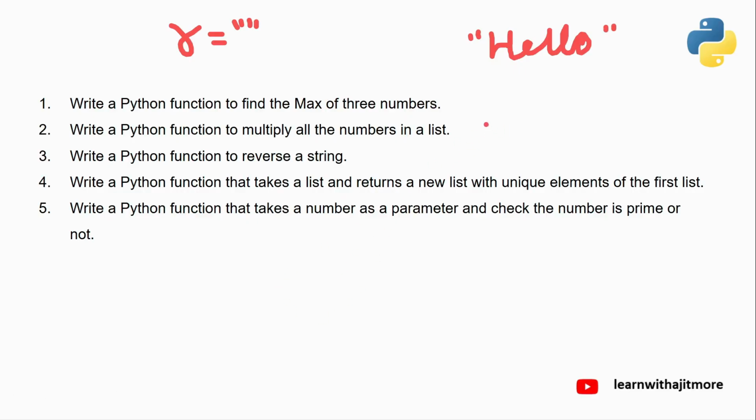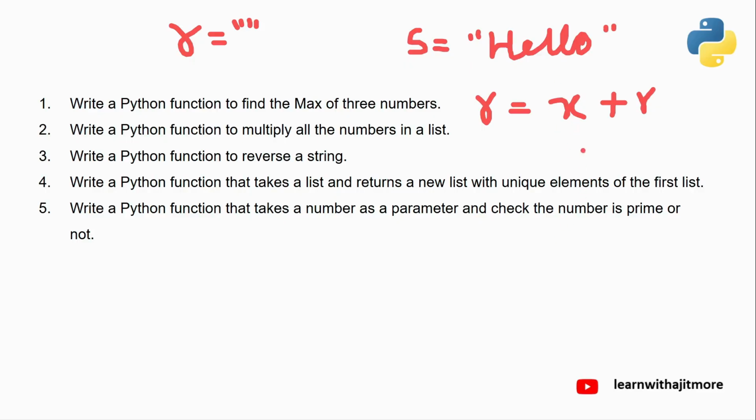So reverse is equal to current character from the string plus reverse. And this X you are going to get one by one using a for loop on your original string. You can apply a for loop on a string as well, because string is also a sequence. We have seen it in the past.